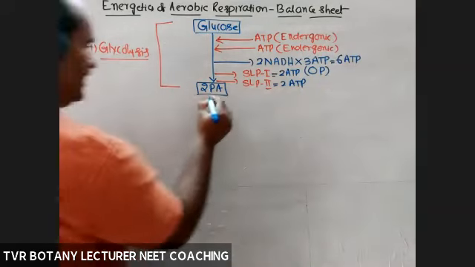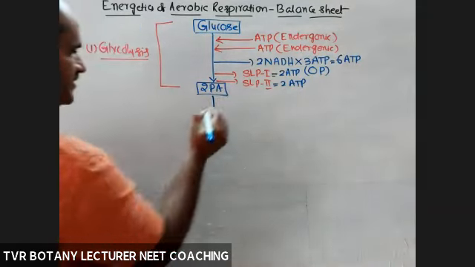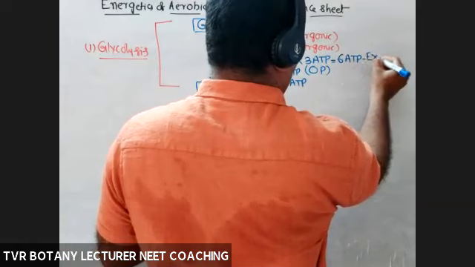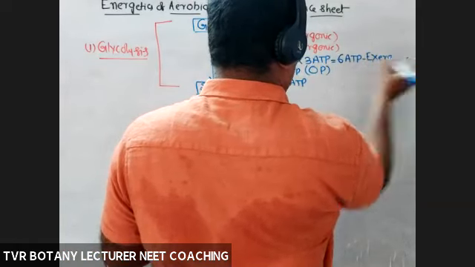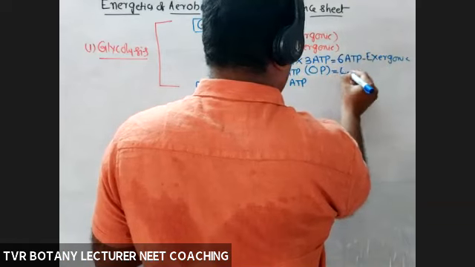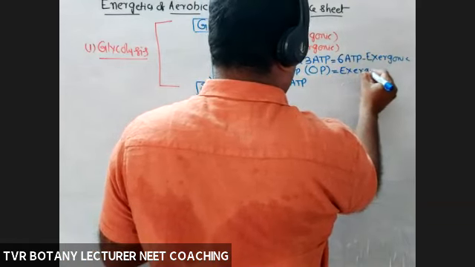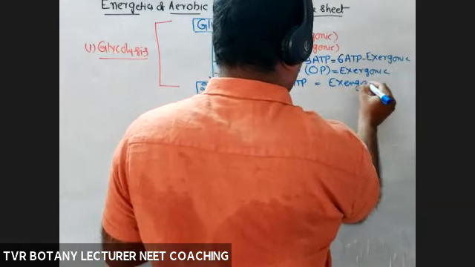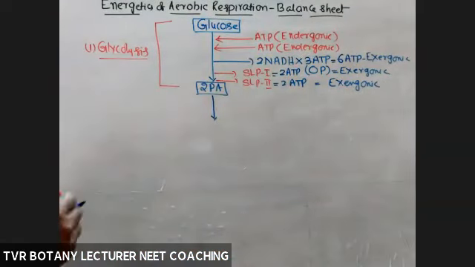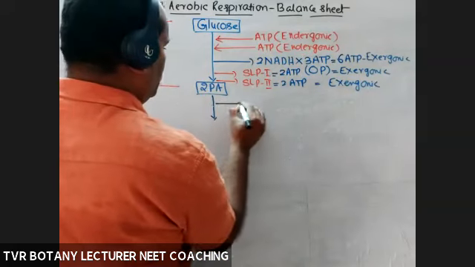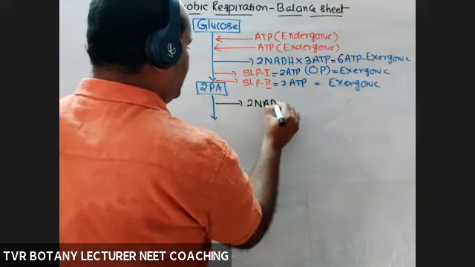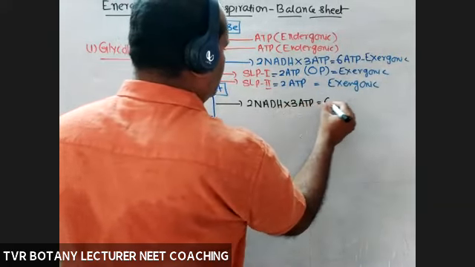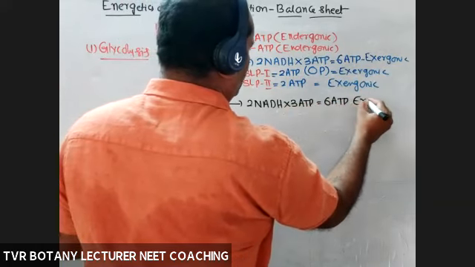Okay. Next. Link reaction. Exergonic. Okay. Next. 2 molecules of NADH into 3 ATP molecules. 6 ATP molecules, exergonic reaction.